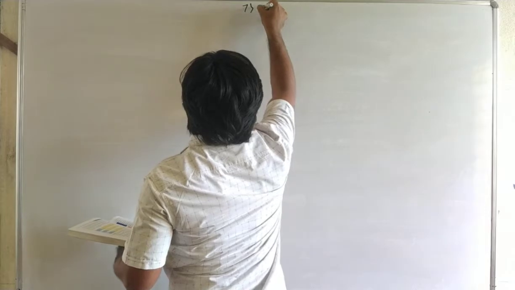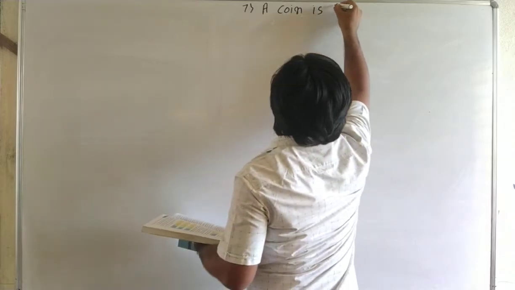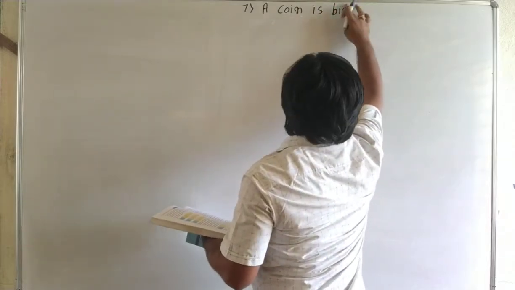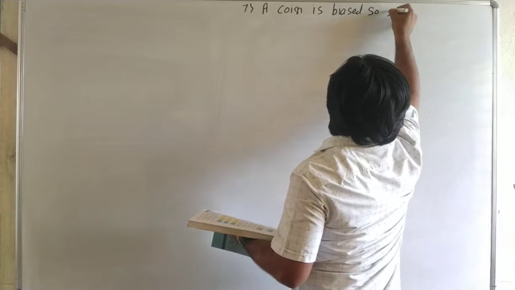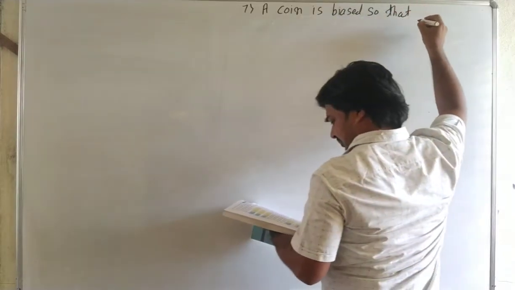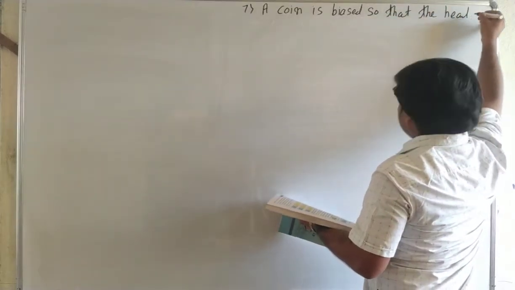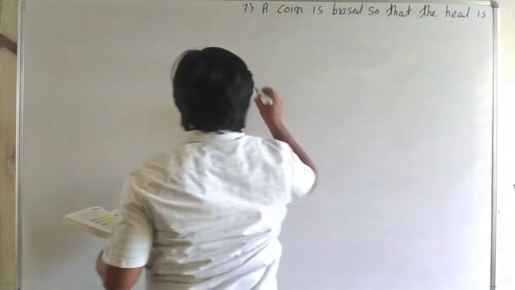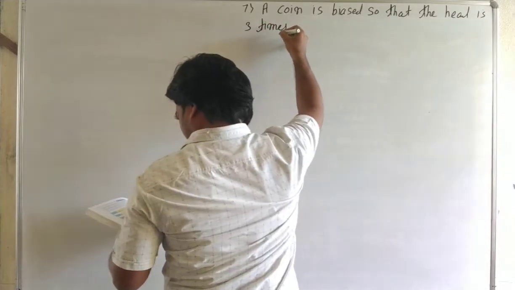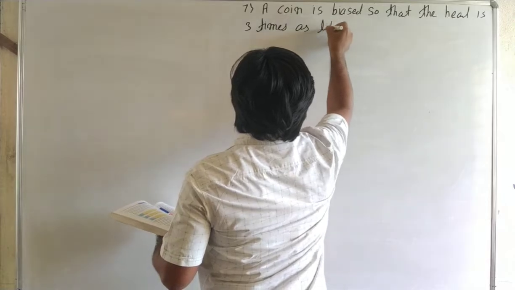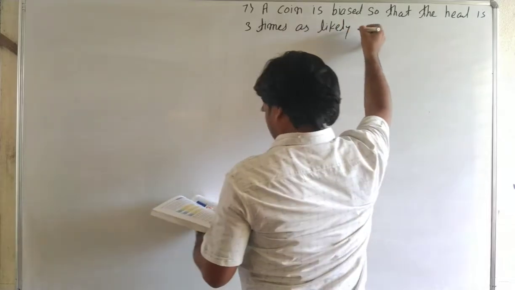A coin is biased so that the head is 3 times as likely to occur as a tail.